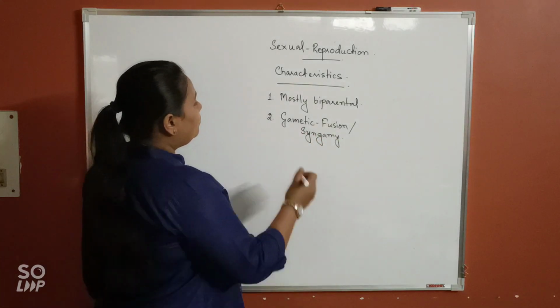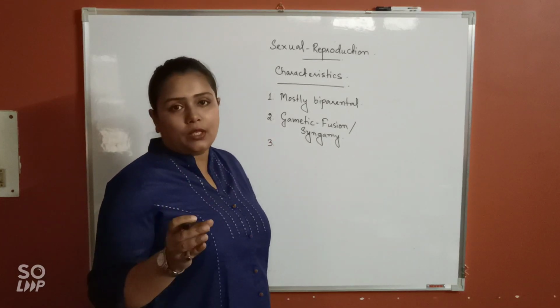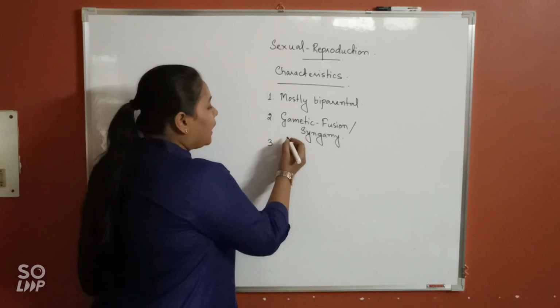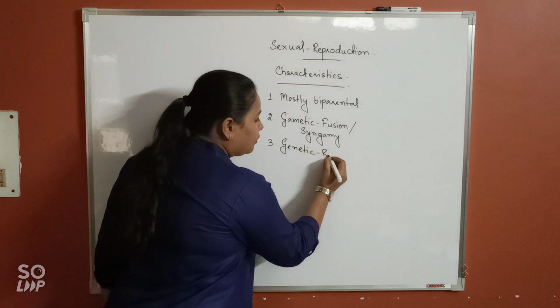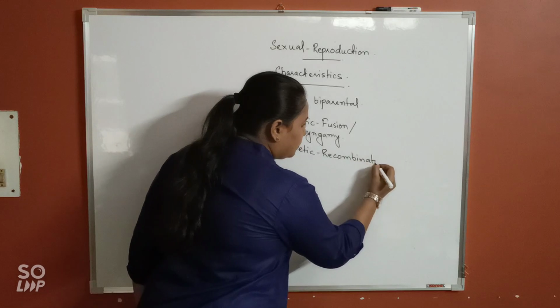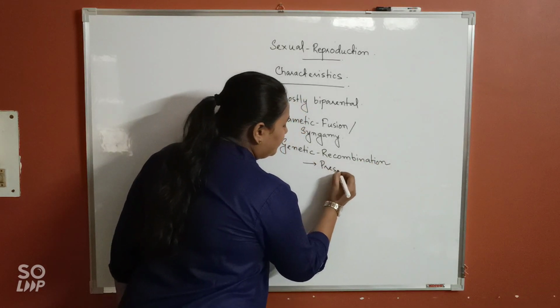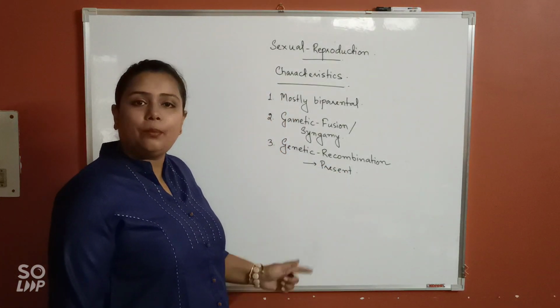Alright? Next, because gametes are being formed from two different individuals and they are being fused, genetic recombination is going to be present. Genetic recombination is present.